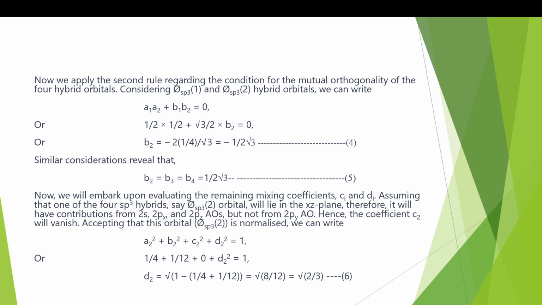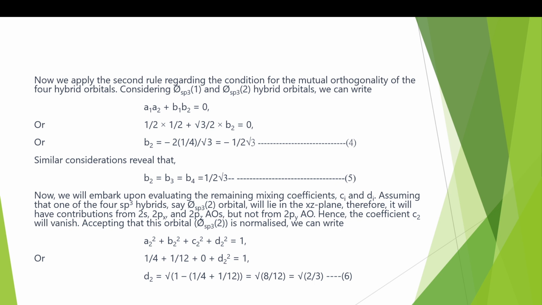Assuming that one of the four sp3 hybrids, say sp3 2, will lie in the XZ plane. Therefore, it will have contributions from 2s, 2px and 2pz AOs, but not from 2py AO. Hence, the coefficient c2 will be equal to 0.